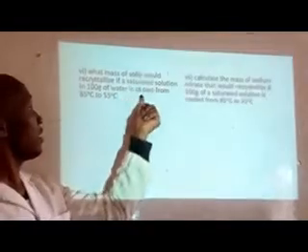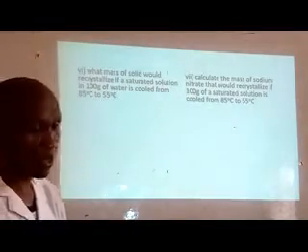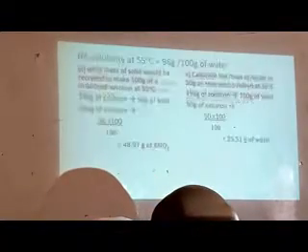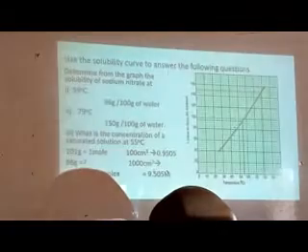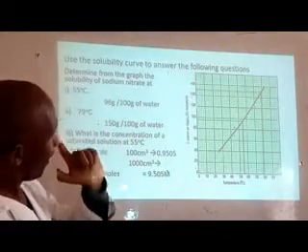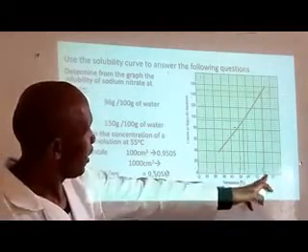Next set of question: what mass of solid would crystallize if a saturated solution at 100 is cooled to 85? Is cooled to 85. Looking at the graph, a solution in 100 grams is cooled from 80.